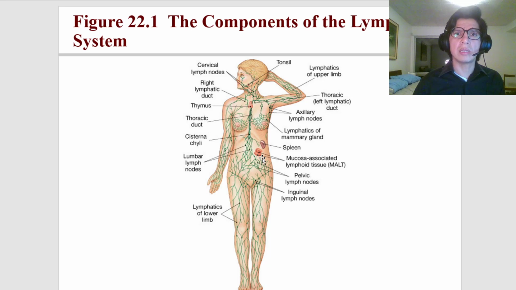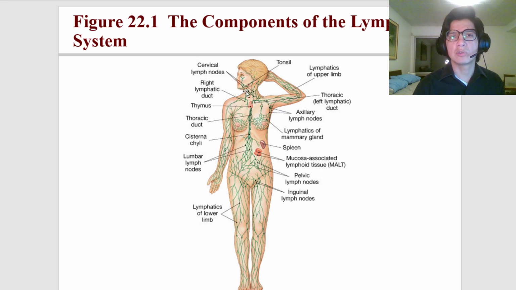You also have these vast lymphatic vessels that have lymph nodes specifically located in areas of high convergence or areas that are exposed to the exterior environment.